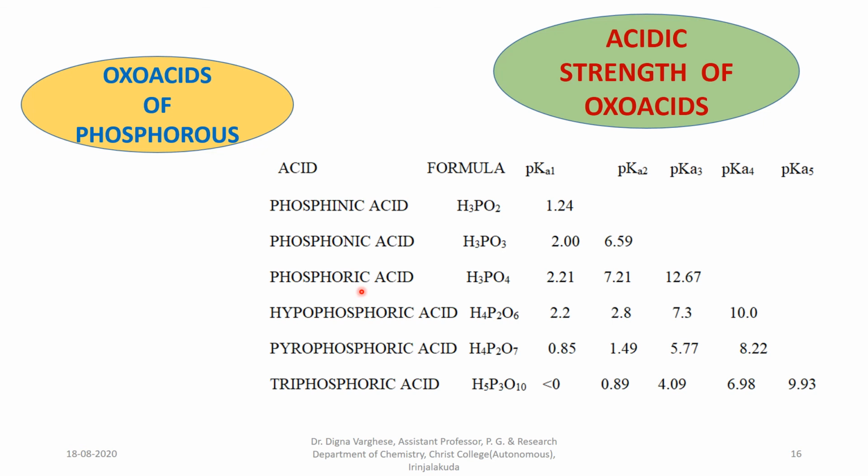Phosphoric acid, molecular formula H3PO4, is a tribasic acid, so three pKa values: 2.21, 7.21 and 12.67.